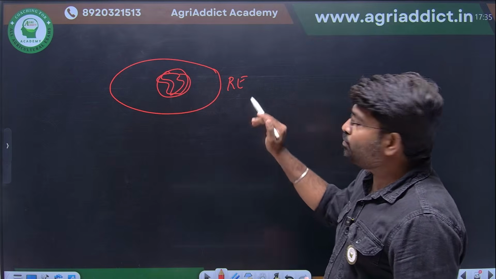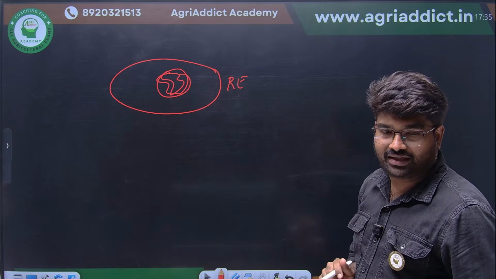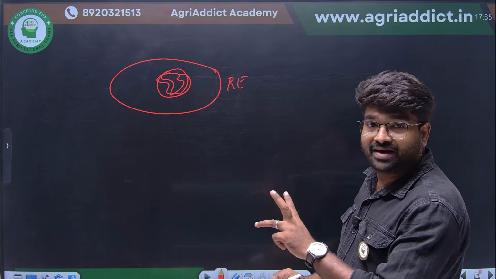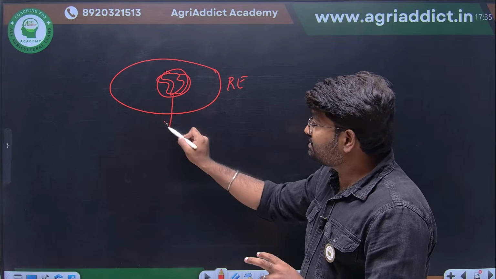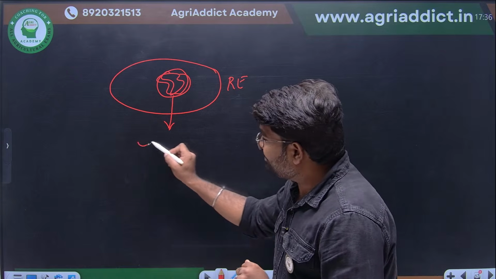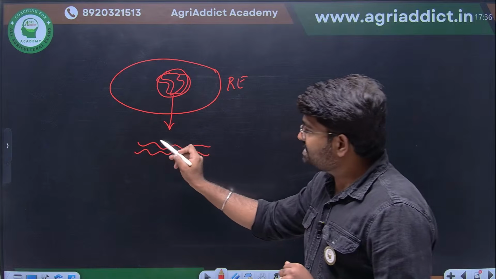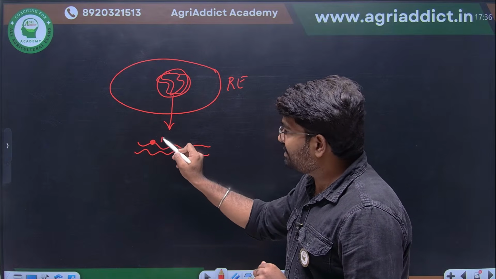How is this DNA molecule protected from the restriction endonuclease activity? Wherever the recognition site is there in the DNA molecule, this recognition site will be methylated.